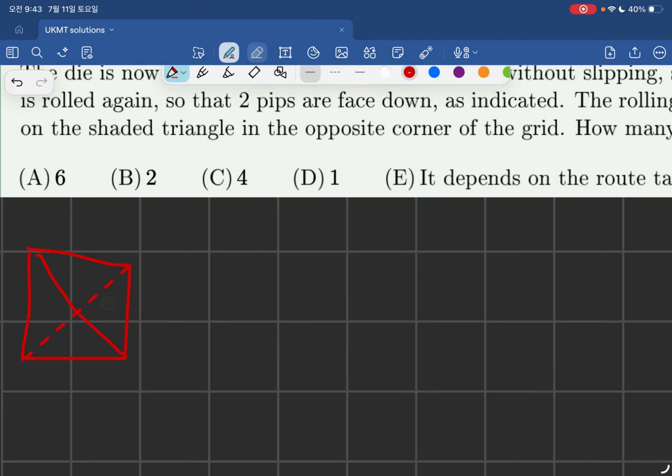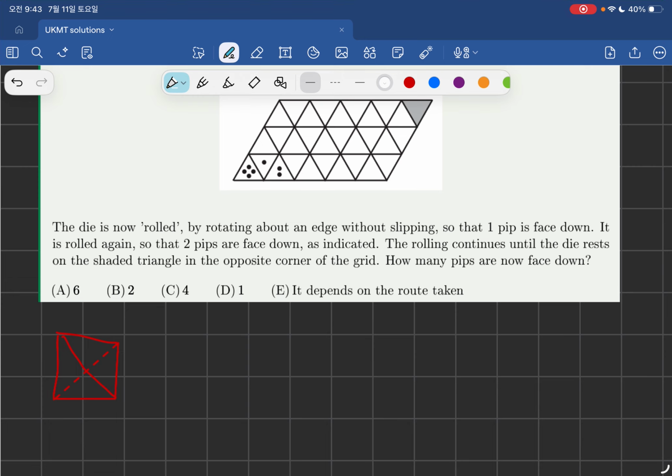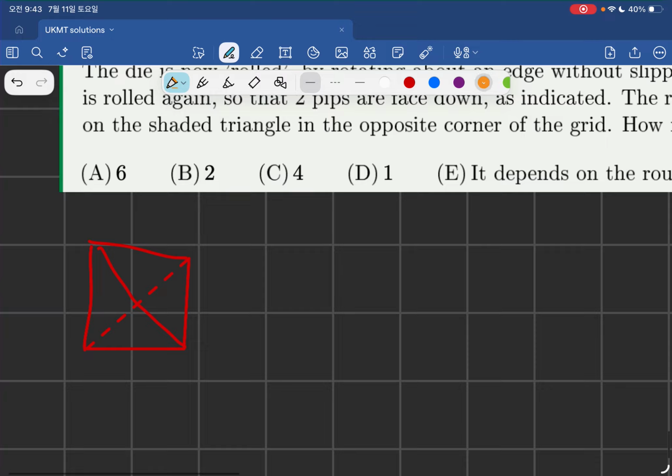So currently the face down one has a value of 4. So this side has a value of 4.